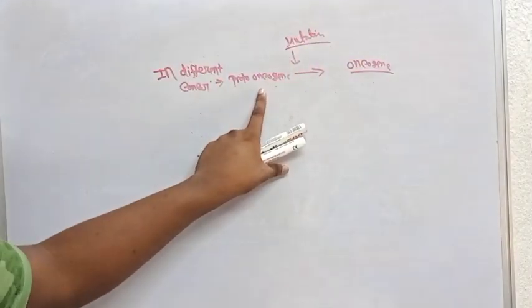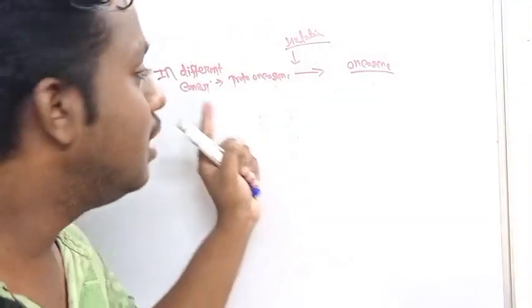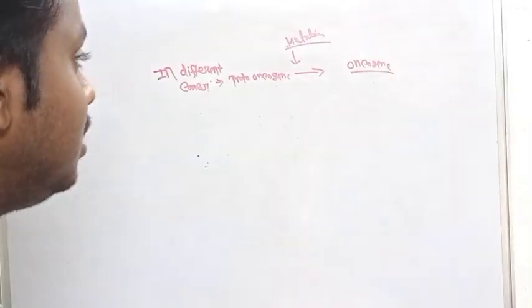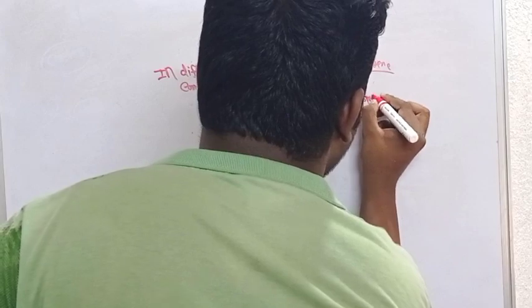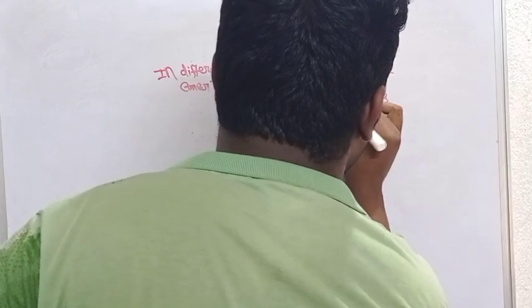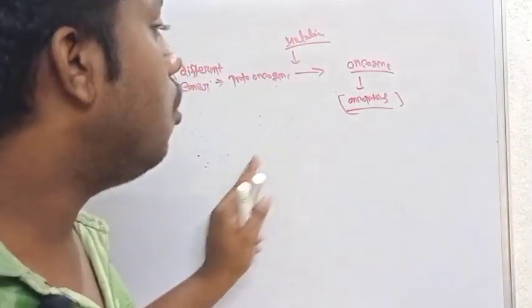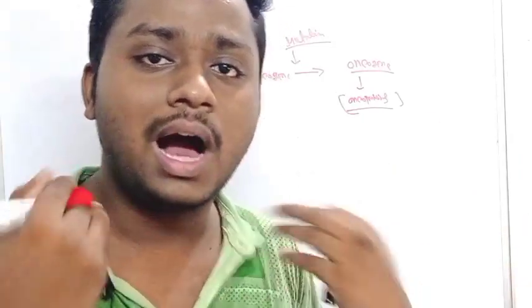The proto-oncogene is a normal gene present within us, and when converted into an oncogene it produces oncoproteins. These are natural growth factors and transcription factors, but the production of oncoproteins is very high. So the cell grows, differentiates, and proliferates very much.